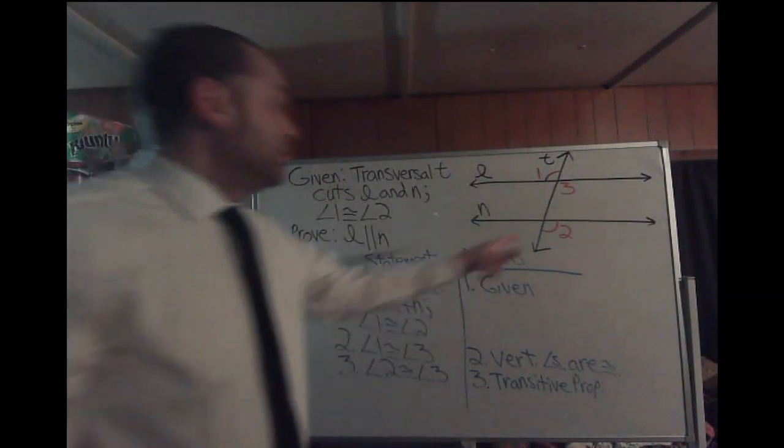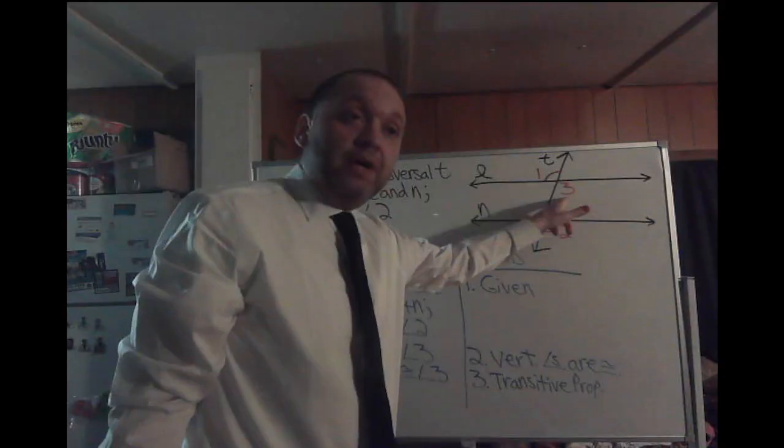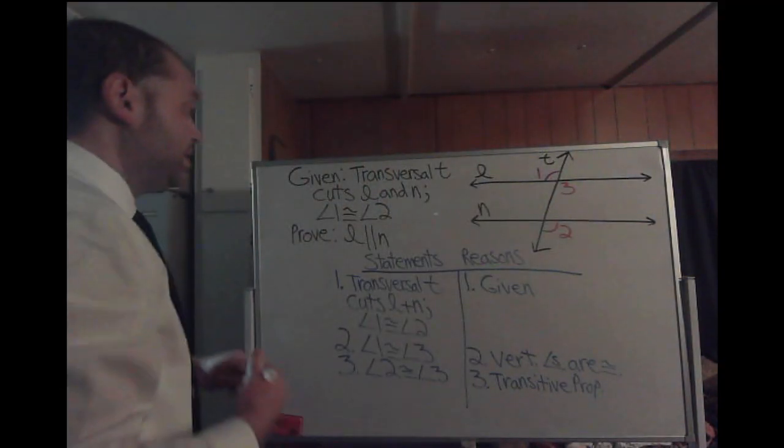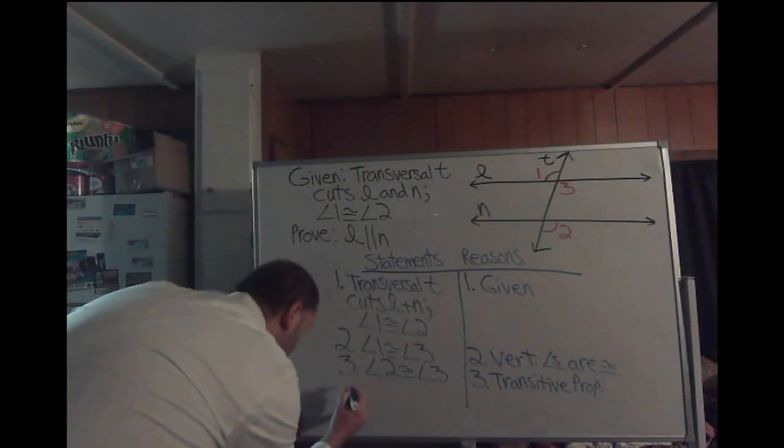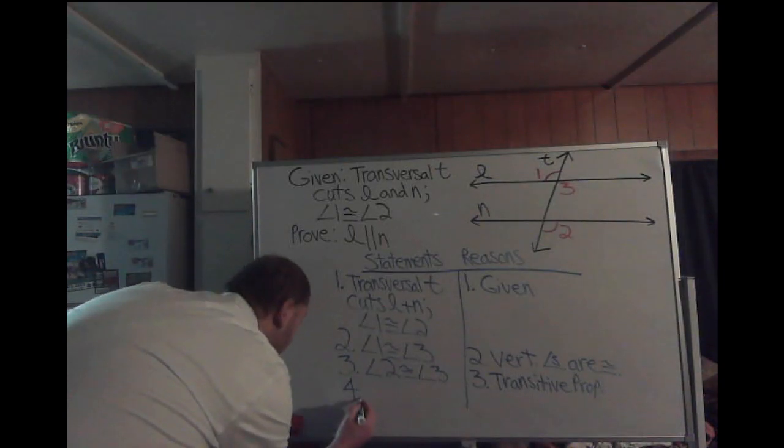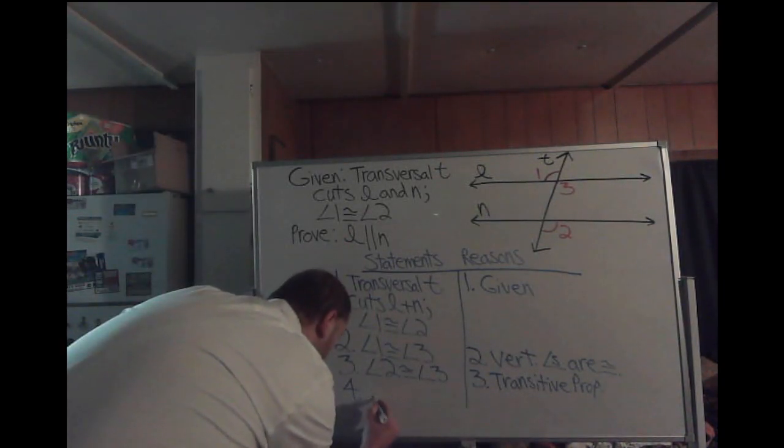Now it's apparent that angle 2 and angle 3 are corresponding angles. So we can, for step 4, go right to our proof and say that lines L and N are parallel.